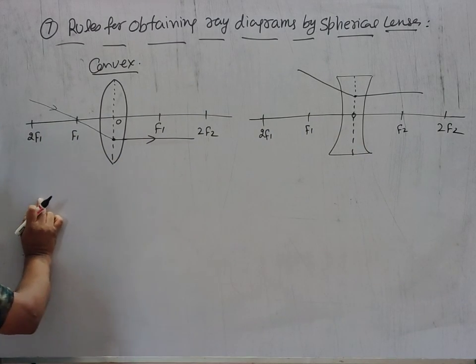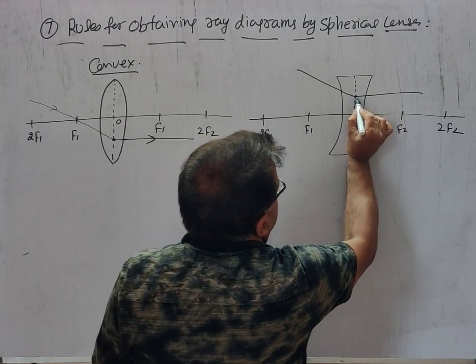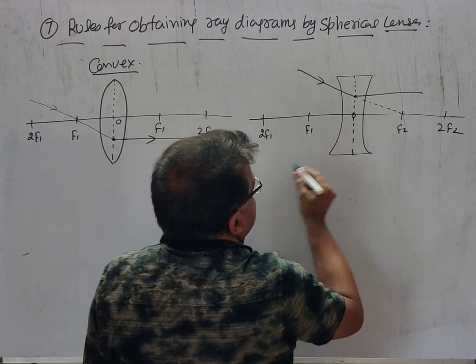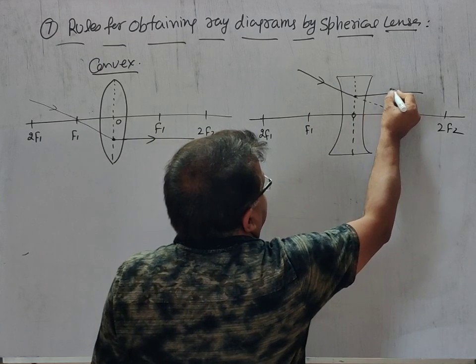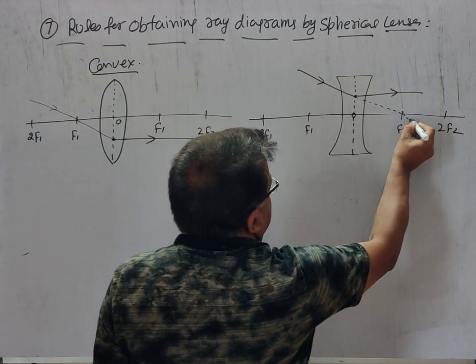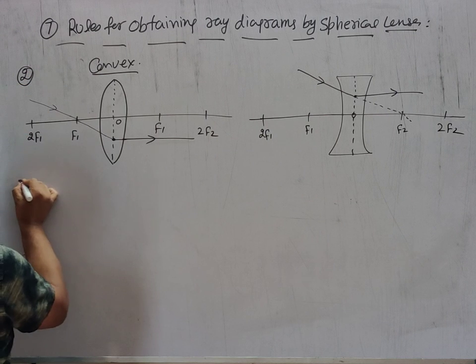Then it is an incident ray, it gets refracted, but it appears as if it is passing through the principal focus. You will write yourself, I am writing only the rules.